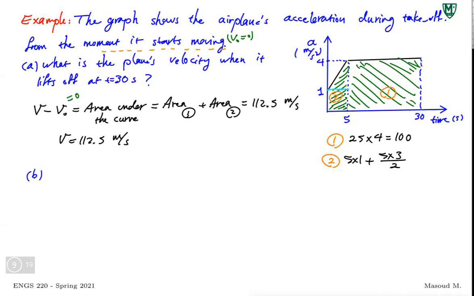All right. The second part is asking you to find the position. So the second part says, what is the distance, or let's just phrase it like the problem statement.